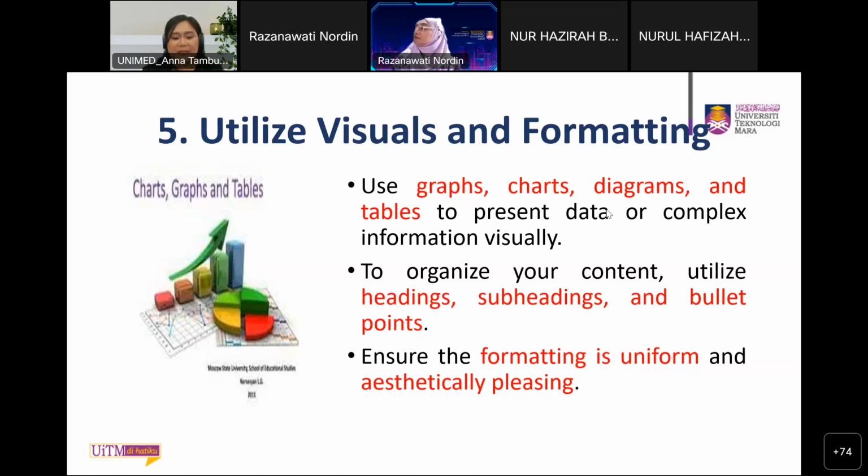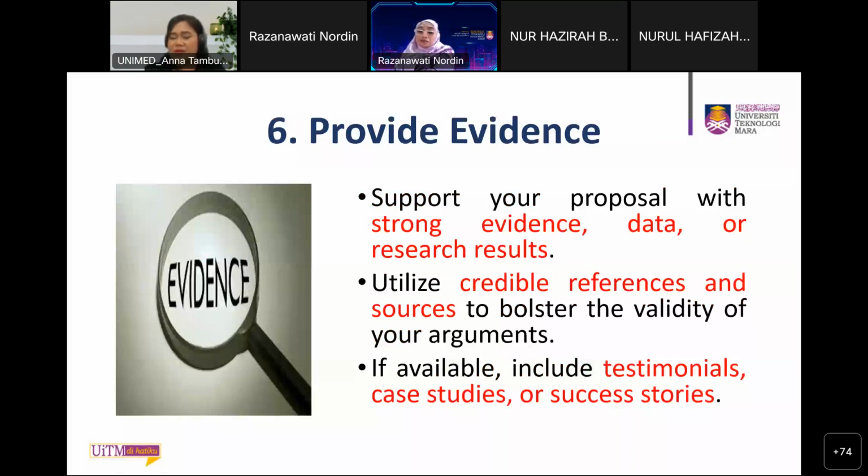Now, you have to provide supporting evidence. This is important. This is to convince the stakeholders of what you are writing in your proposal. Back up your proposal with solid evidence, data, or even research findings. Use credible sources and references to strengthen the validity of your arguments.